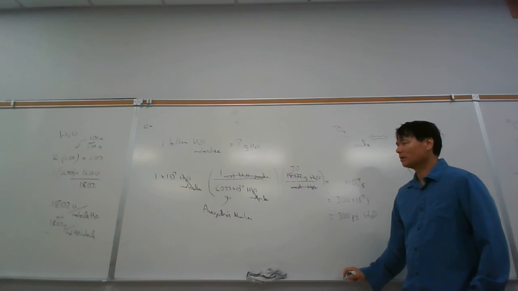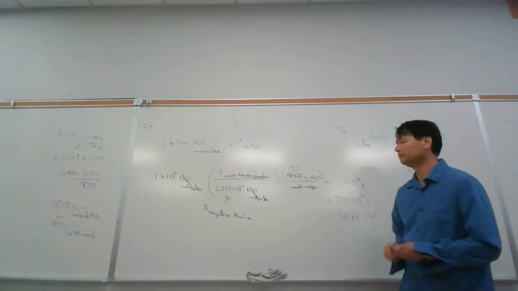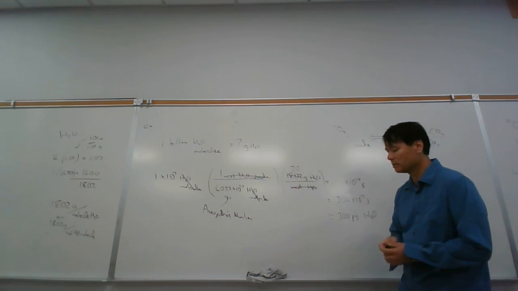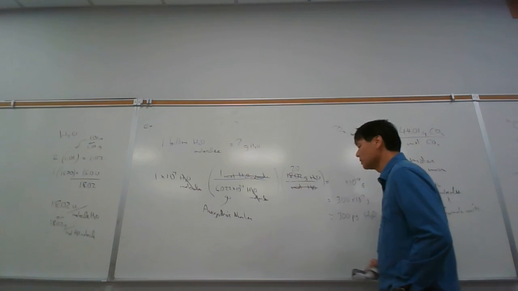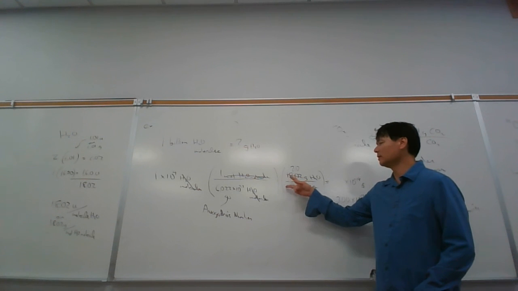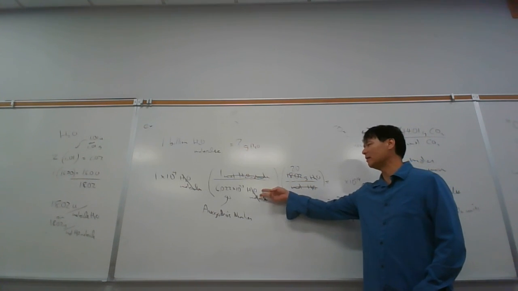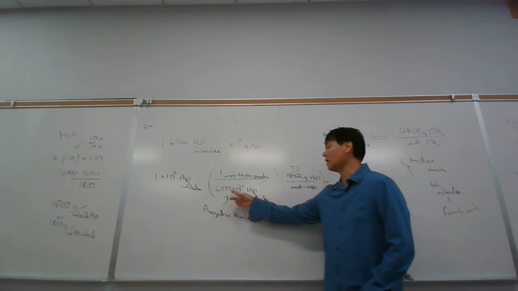This is a way to double check your calculation without repunching it in the calculator, just to see if you're in the ballpark, the correct region. What they're trying to do is catch gross errors from accidentally flipping these. Sometimes people don't divide, they multiply, so they accidentally multiplied this.